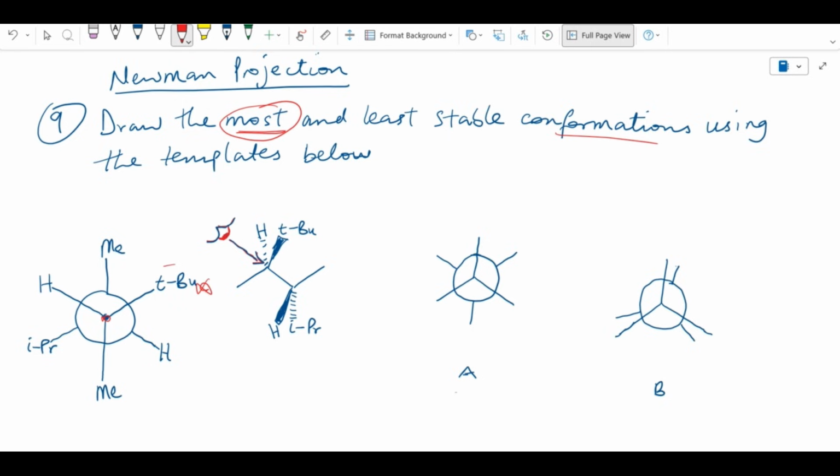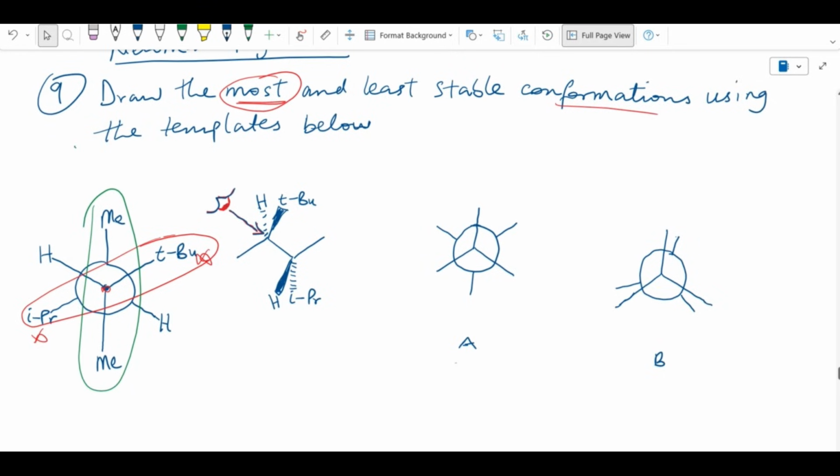The biggest group on the back carbon is the isopropyl group. Now those groups are anti or opposite each other. Then we have the other bigger groups too. The methyl groups on both carbons are also anti to each other. So we'll call this conformation anti-staggered conformation. Anti-staggered conformation. And that will be the most stable conformation.